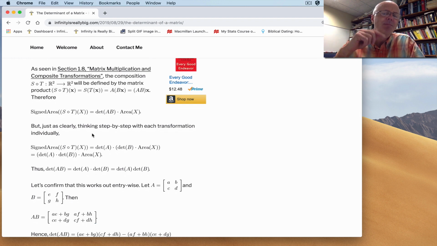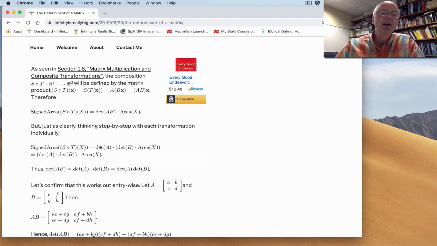But if you think of that step by step, think about first transforming X by the linear transformation T, whose matrix is B. The signed area of the result is going to be the determinant of B times the area of that original thing.